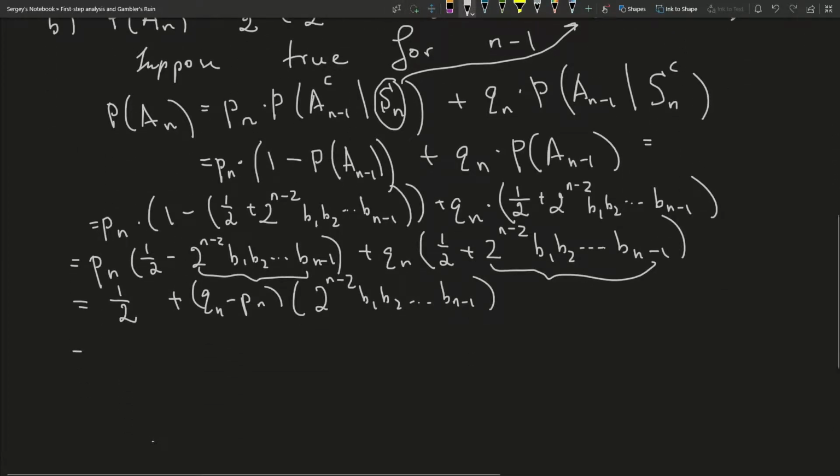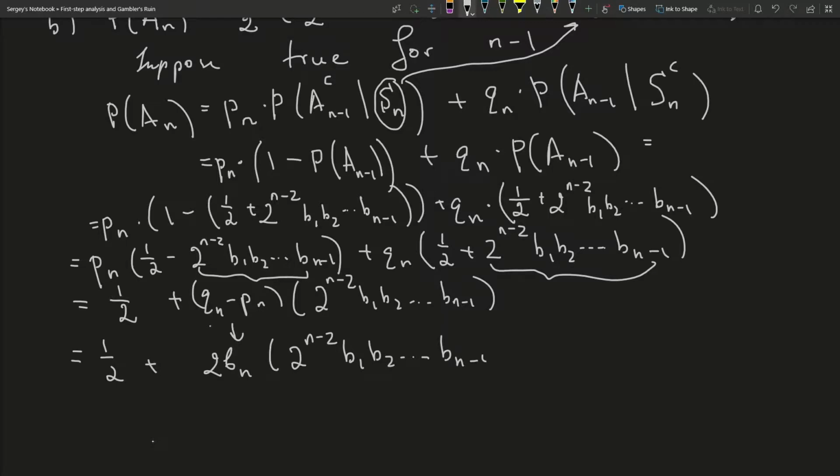And now we can write the Qn minus Pn. So this Qn minus Pn becomes 2b sub n. So we have 1/2 plus 2b sub n of this expression here, b1, b2, dot, dot, dot, b n minus 1.